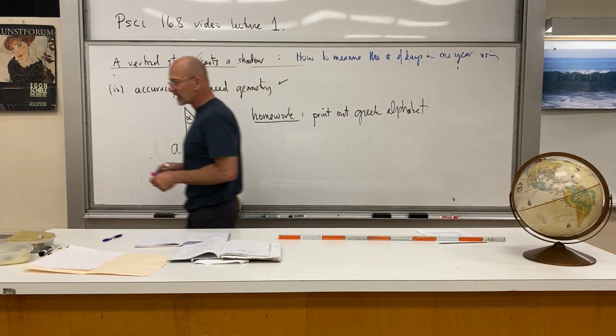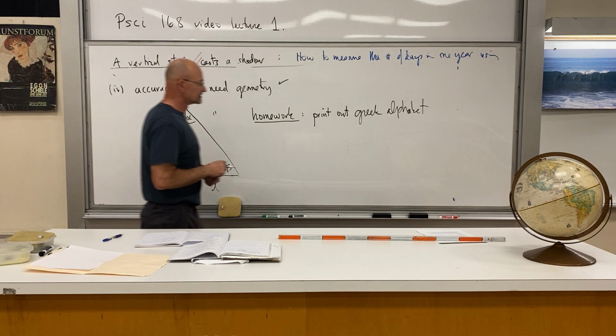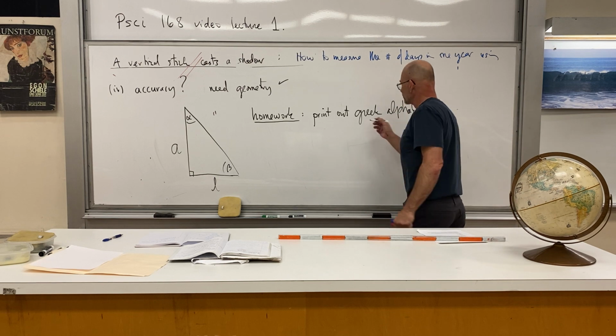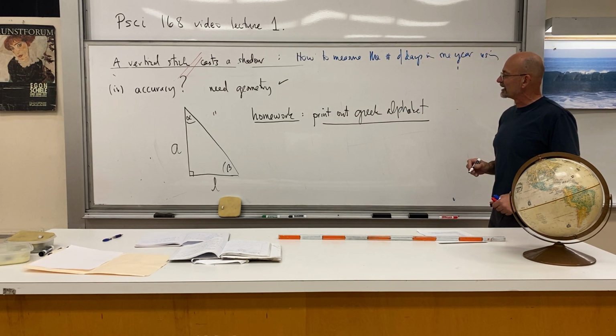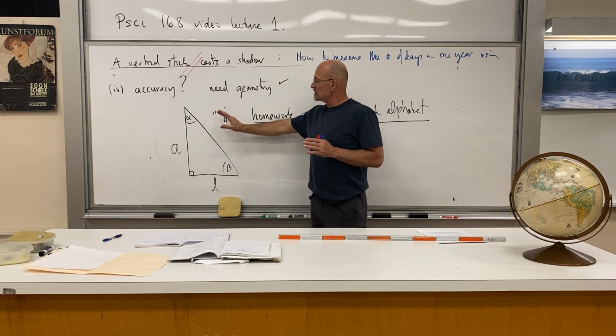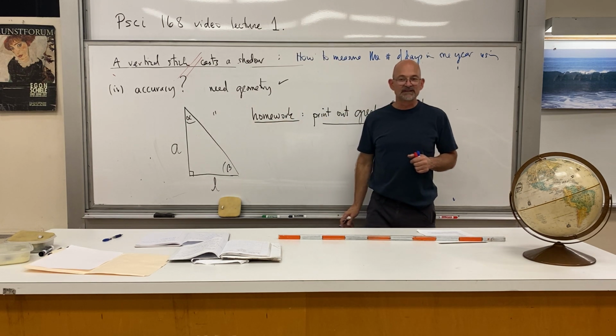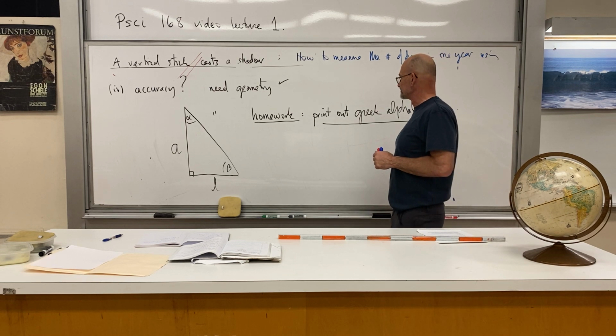Let's see how we're doing time-wise. Okay, we have a couple more minutes, but we're doing pretty well here. So let's see, print out the Greek alphabet. And since we're going to study geometry, I'm going to begin with a little study of arithmetic, namely scientific notation.